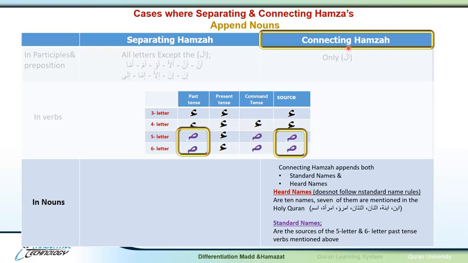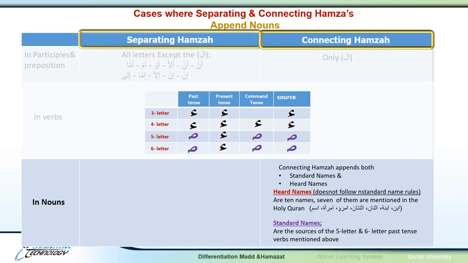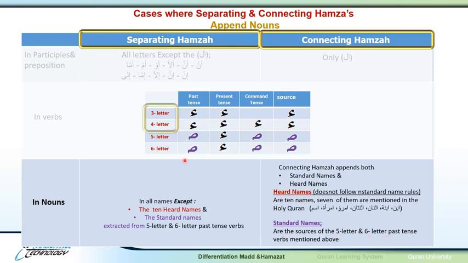Other than those would have a separating hamza, hamzatul qat'. So all names except those hard names and standard names related to the 5th and 6th letter past tense, basically the 3rd and the 4th letter, are all going to have a separating hamza.